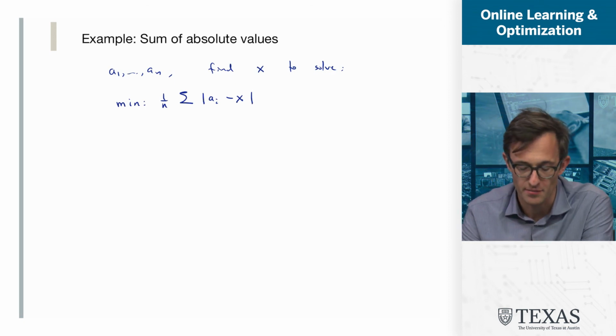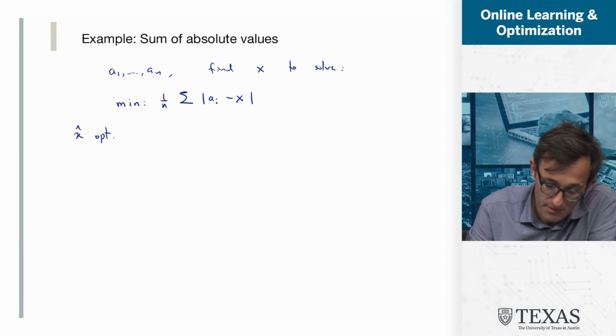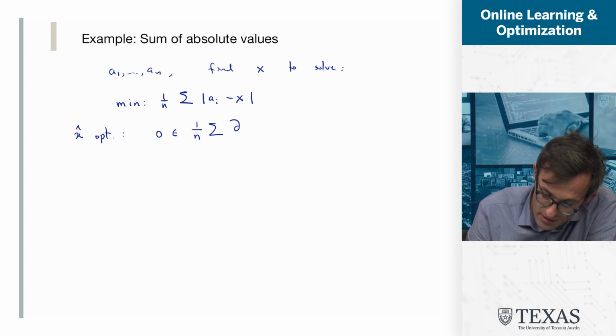I can take the subdifferential. So x hat is optimal, basically just copying what was on the previous slide, if 0 is an element of 1 over n times the sum of the subdifferential of this absolute value function, ai minus x hat.